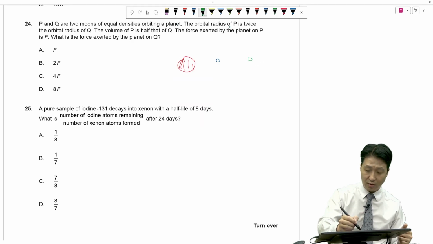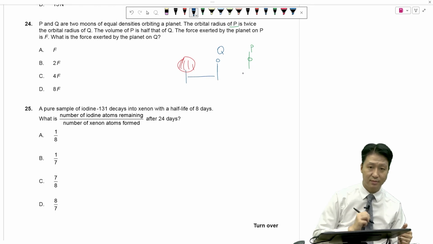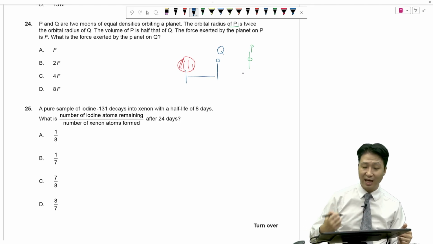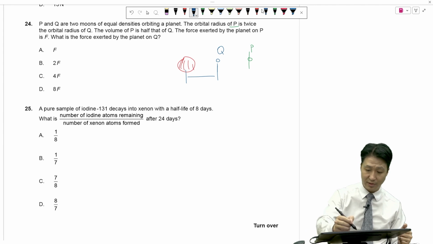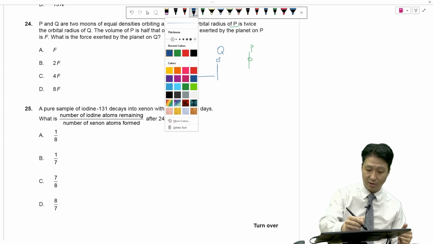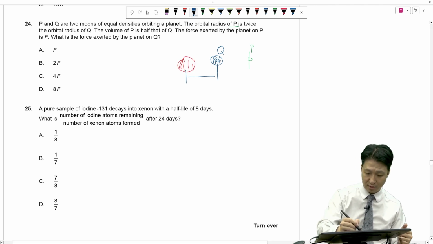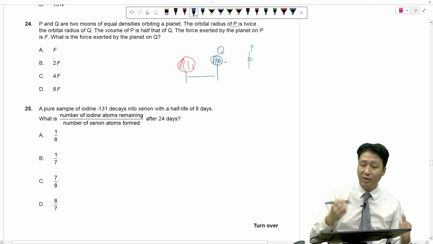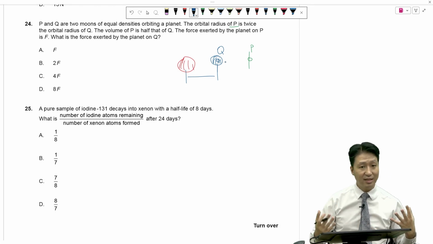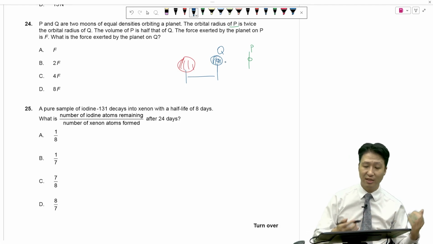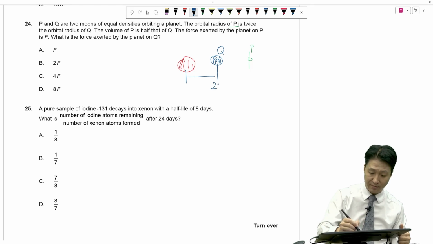It says orbital radius of P is twice as big, so this is P and this is Q, half the distance. The volume of P is half the volume of Q. So let's draw Q bigger. The reason this is important is because if they're the same density, having twice the volume means you have twice the mass. So let's write that down. 2 times the mass of P.